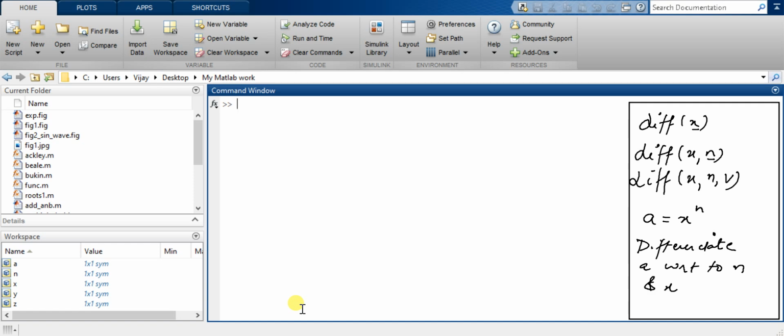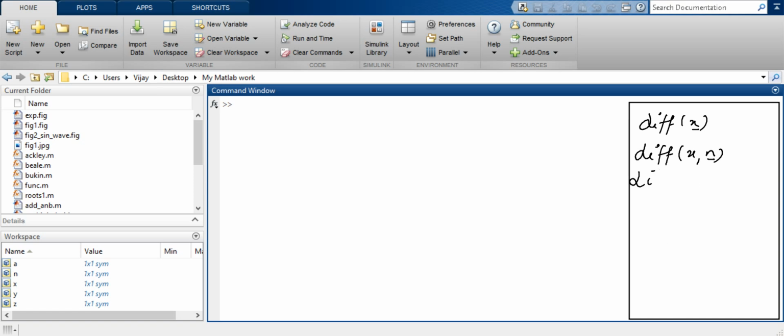So now next is integration. To perform integration, you have to use the function int. I will take the example of integration.